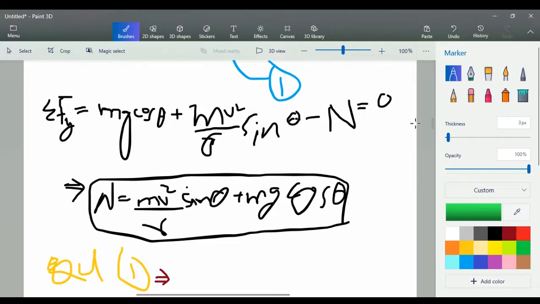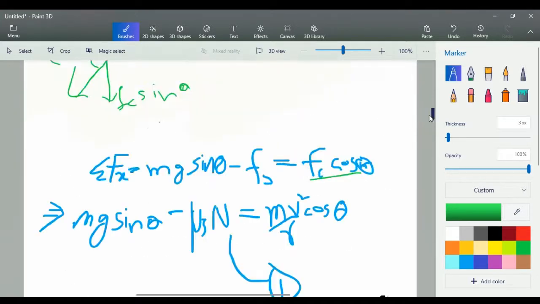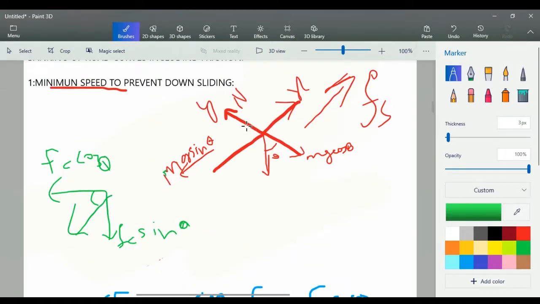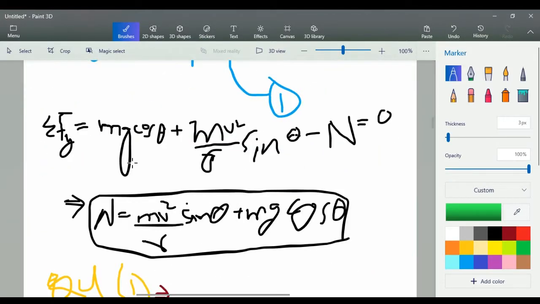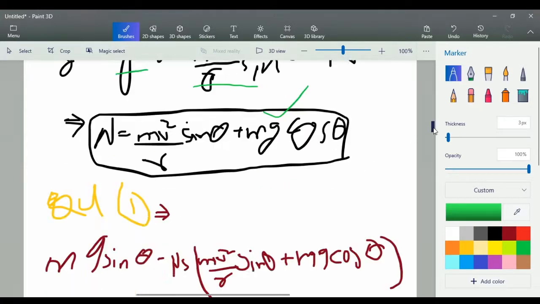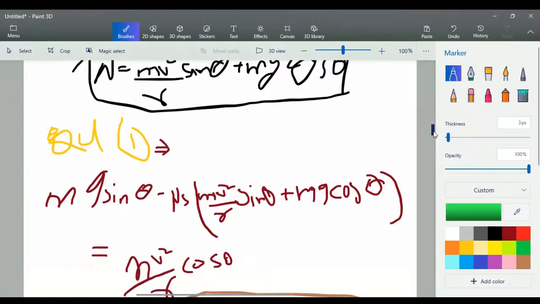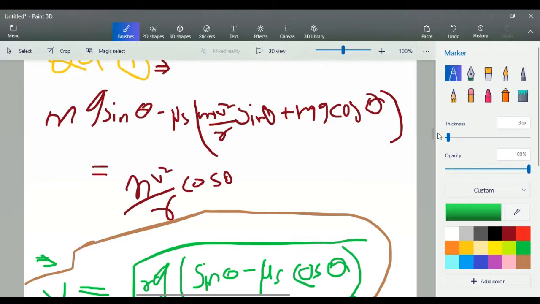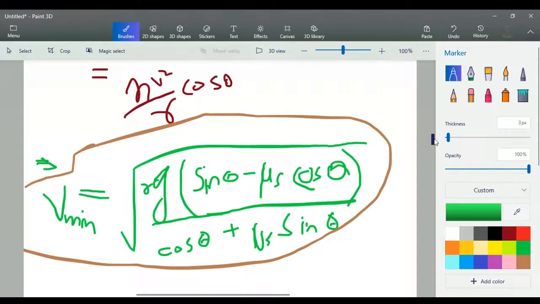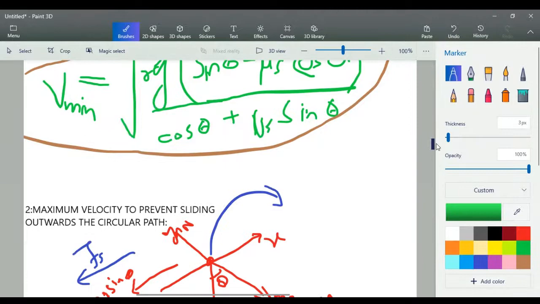There are three forces along the y-axis: n minus mg cos theta and Fc sin theta. This gives n equal to mv square sin theta plus mg cos theta. Putting the value of n into equation 1 and solving, we get the final equation for the minimum velocity.